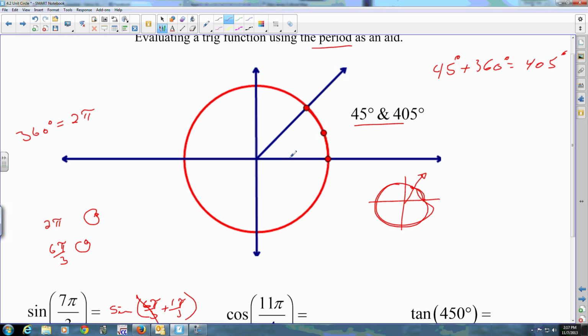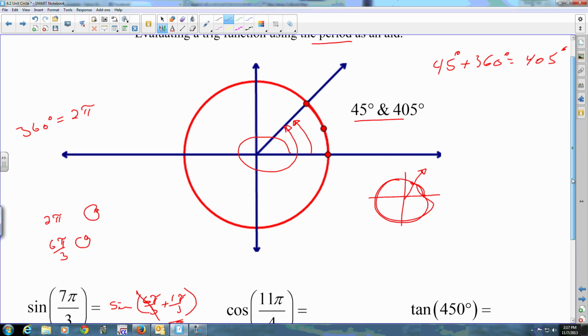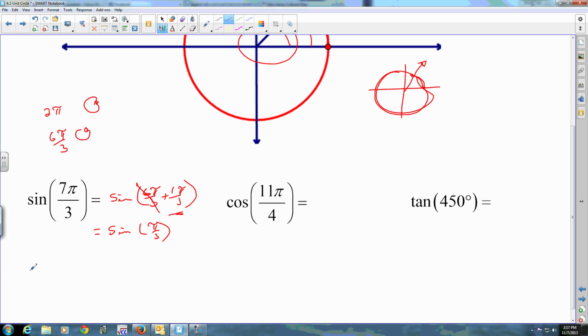So starting here, pull a full 360 and then go 45 more. You're sitting at the same location as plain old 45 degrees. Since sine of an angle on the unit circle is your y value, these have the same y value. So the sine of pi over 3: sine is your y value, so that's going to be square root of 3 over 2.